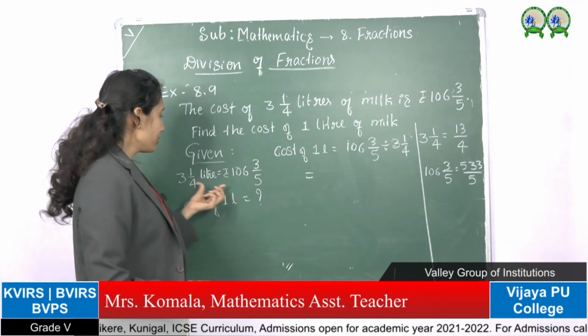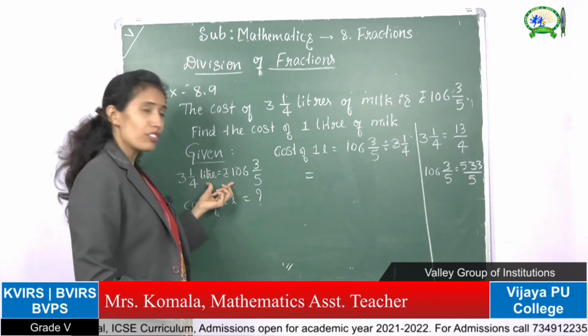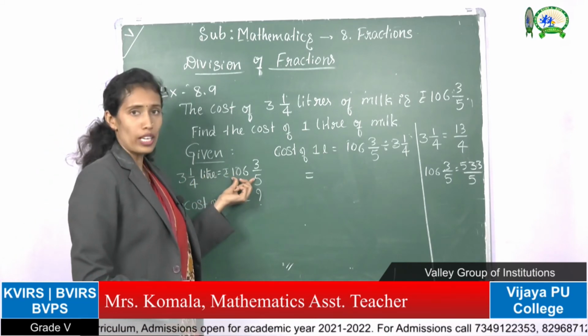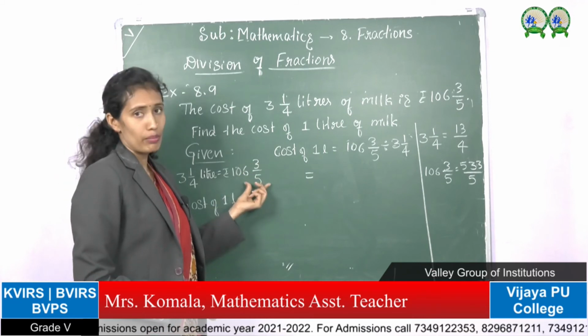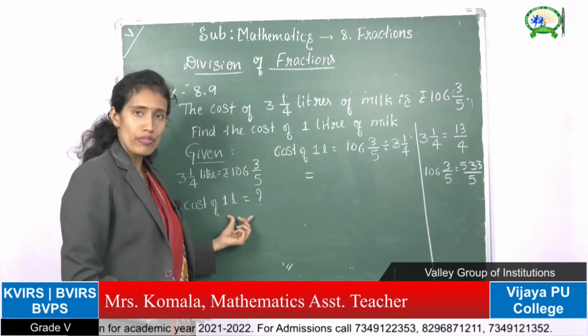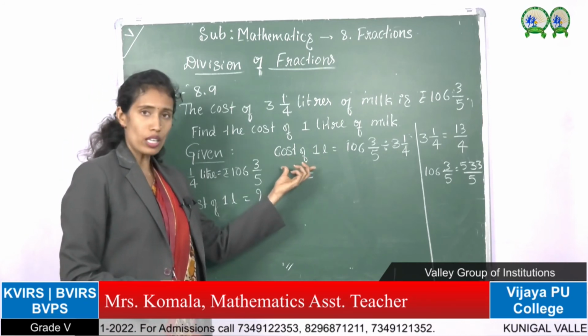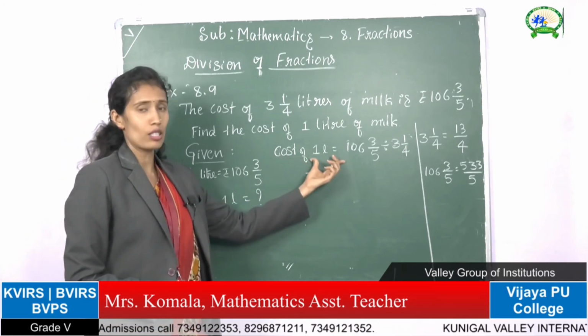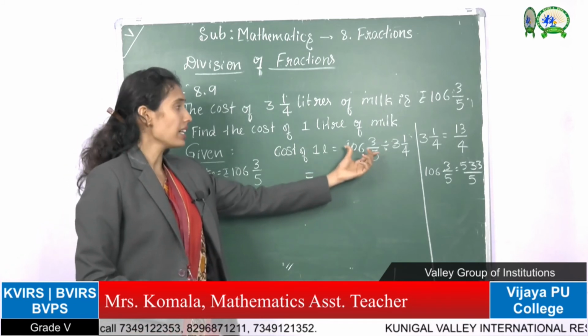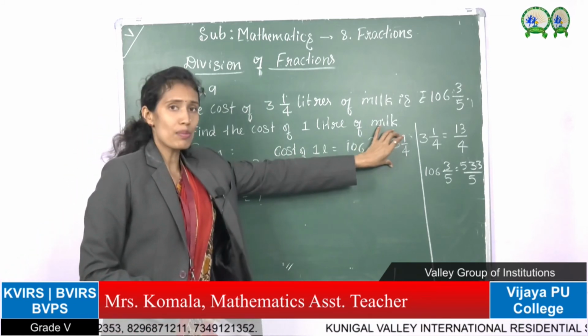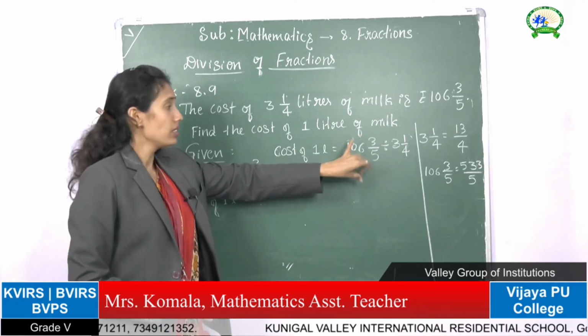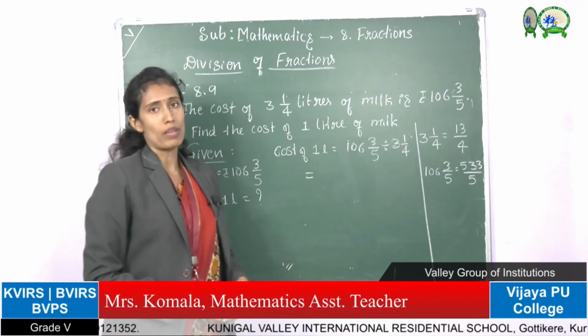The cost of 3 into 1 by 4 liters of milk is rupees 106 by 3 by 5. Then we have to find out the cost of 1 liter. Then what to do? So if you want to find out the cost of 1 liter milk, then we have to divide the cost of this much milk liter divided by 3 into 1 by 4.